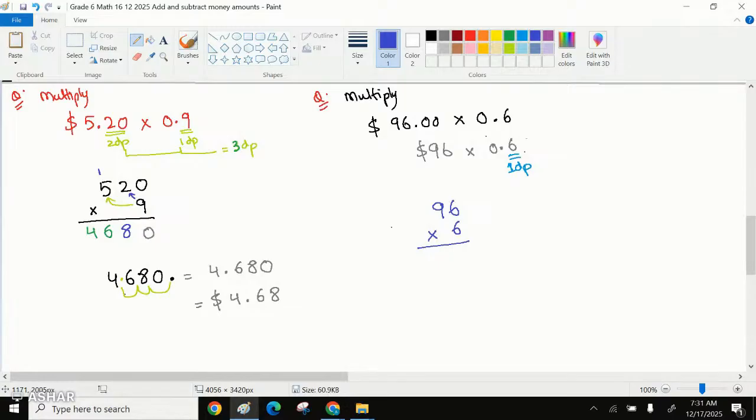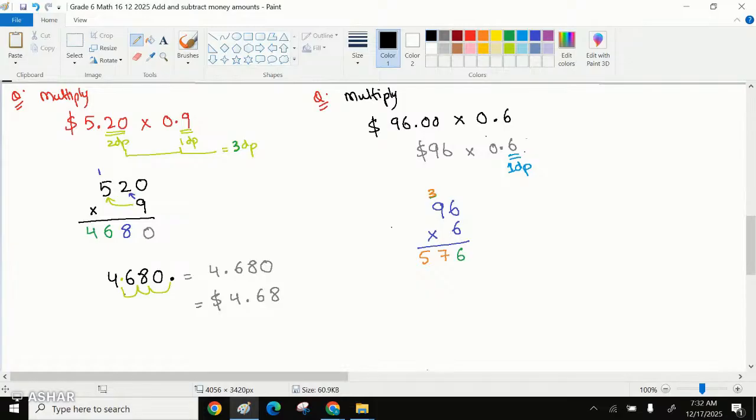What is 6 times 6? It is 36. We keep 3 and we carry the 3, right? What is 9 times 6? 9 times 6 is 54. But we need to add this 3 as well. That becomes 57.